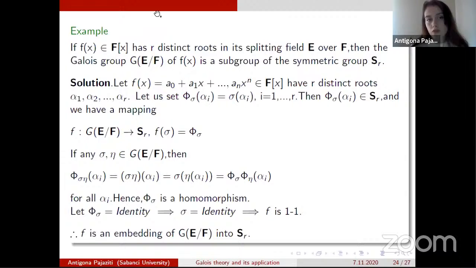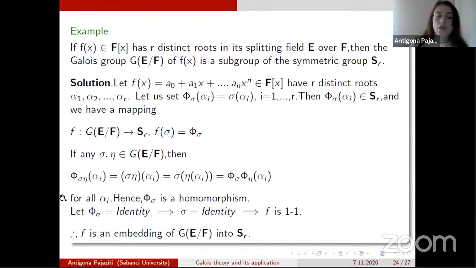So to solve this, first take f of x to be a polynomial in our polynomial ring, and assume that it has r distinct roots, alpha sub 1 till alpha sub r. Then we set a mapping from the Galois group to the symmetric group S sub r such that F takes sigma to this phi sub sigma.